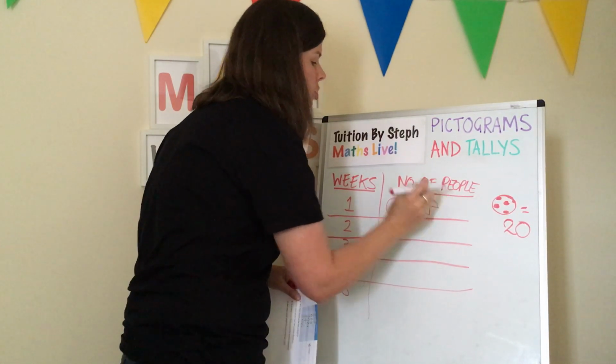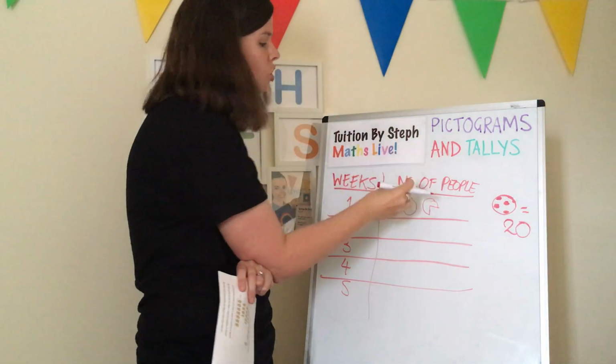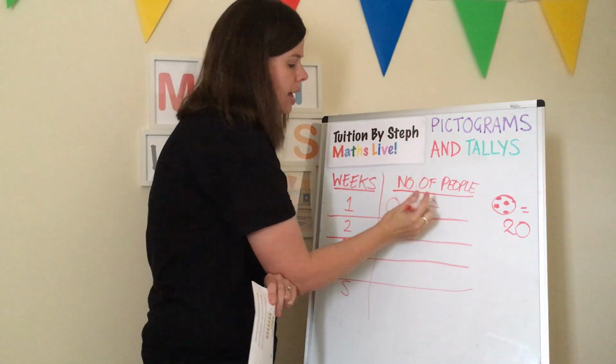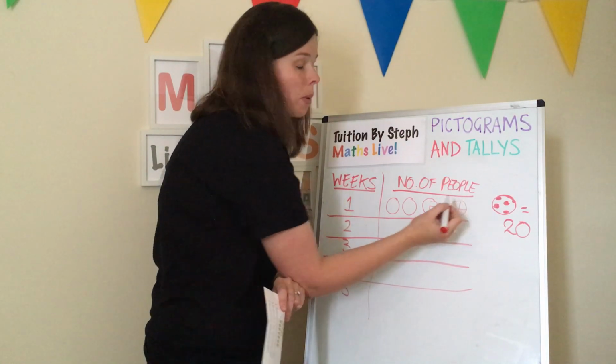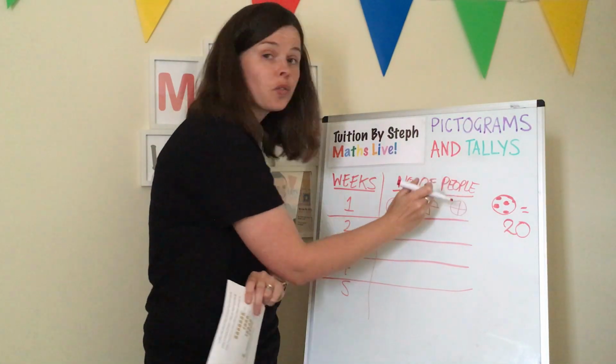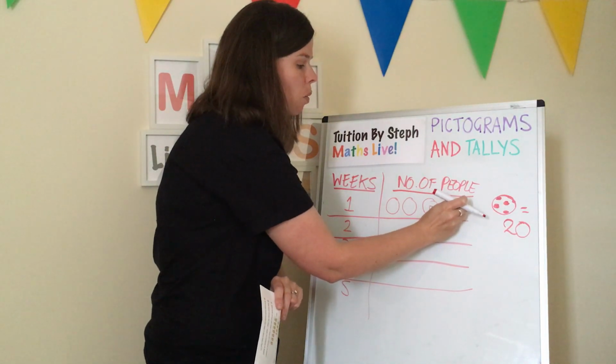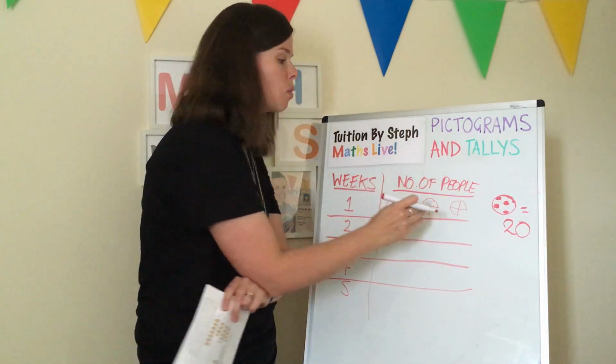Now what does that mean? What does it look like first of all? Can you see that if a football is split into 4 parts, that means it's 4 quarters. So if you take off 1 part, that is 3 quarters left.